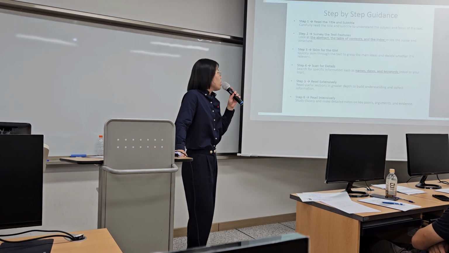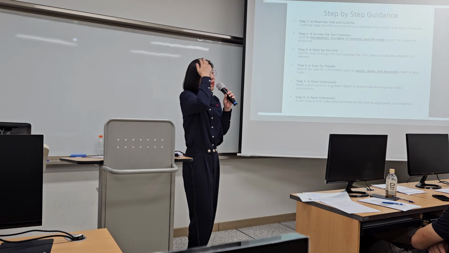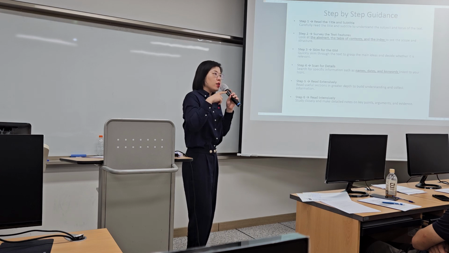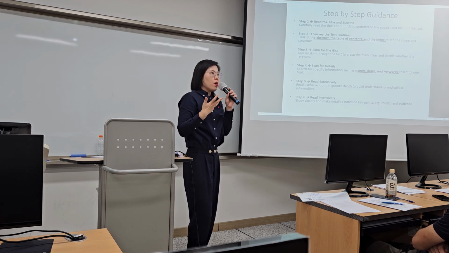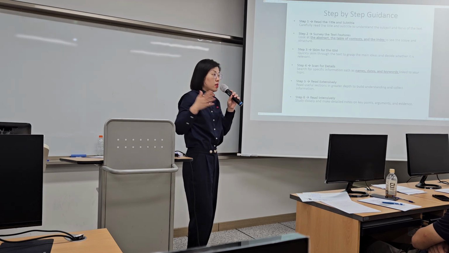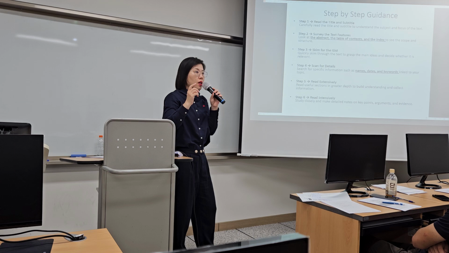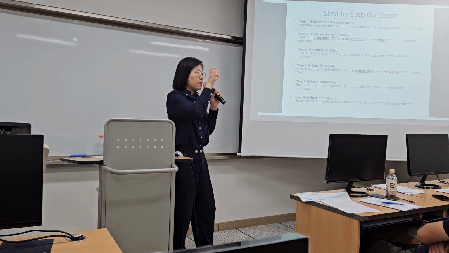Right, and afterwards you find out the key page numbers that you want to read in detail. So if you're reading a book which is more than 200 pages long, rather than reading the whole book, you write down the relevant pages.